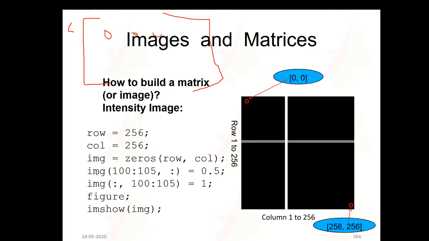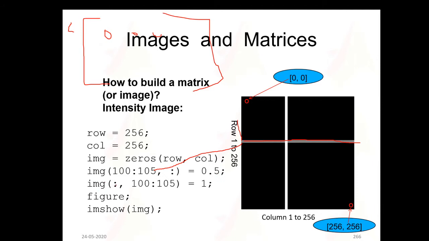Now what I am doing is, in the image, from the 100th row to the 105th row, for all columns, instead of 0 I make it 0.5. You can see it is neither dark nor white, neither black; it is some gray color, since I am giving 0.5.